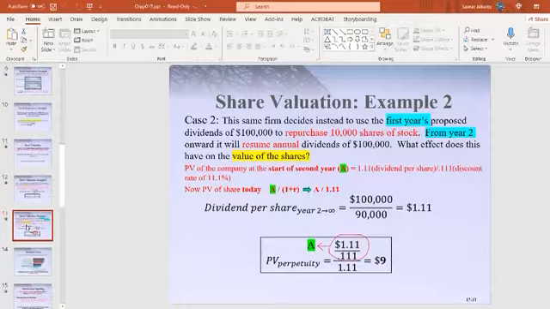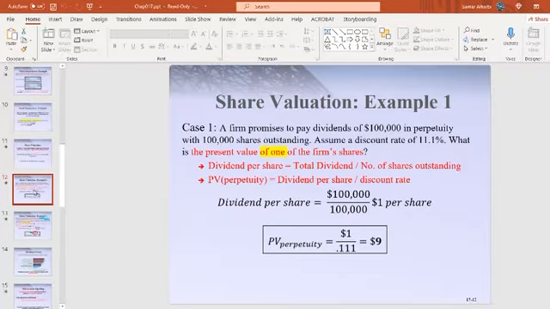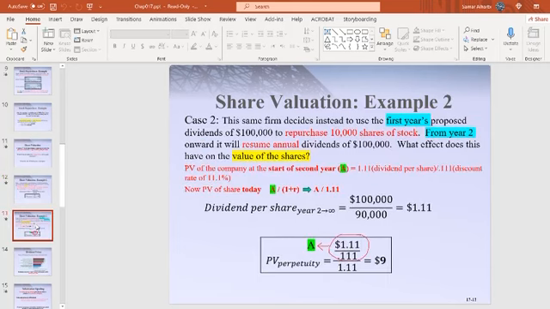So I need to see how many shares are in the market. Now they will have fewer shares in the market because they repurchased 10,000. Originally there were 100,000 shares in the market, which is mentioned in the question in this example, right? If they decide to repurchase 10,000, the remaining will be 90,000. We put it in the denominator.